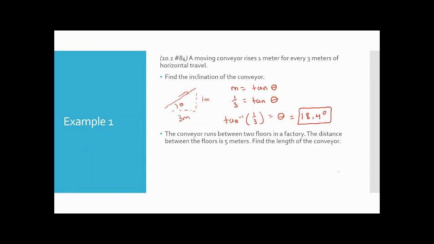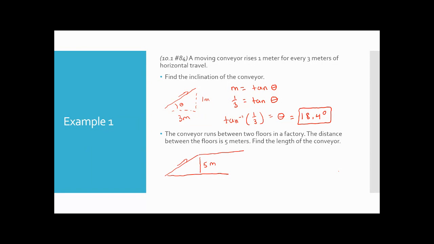So now the second part says the conveyor runs between 2 floors in a factory, and the distance between the floors is 5 meters. Find the length of the conveyor. So again, I'm going to draw a picture. So my conveyor is going there, and it says the distance between the 2 floors is 5. So if I just draw a picture, that is this vertical distance.